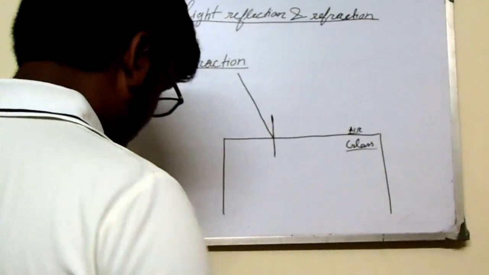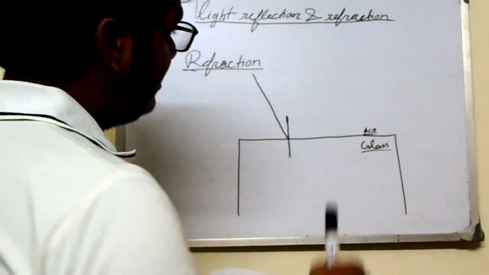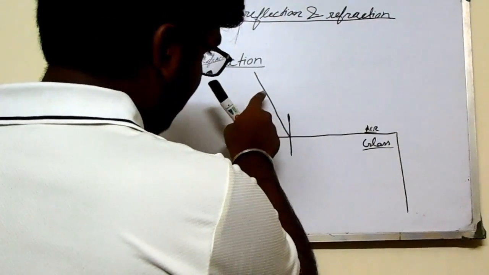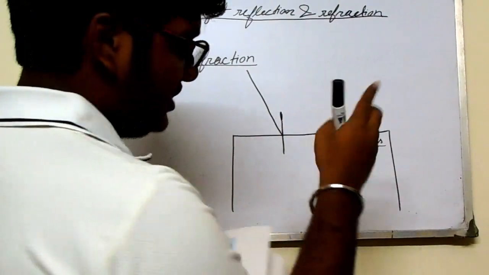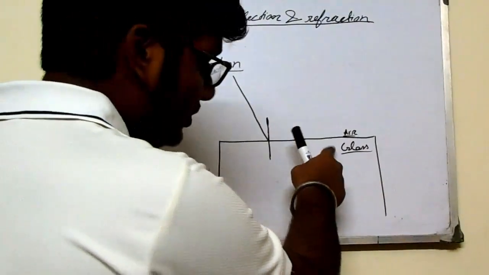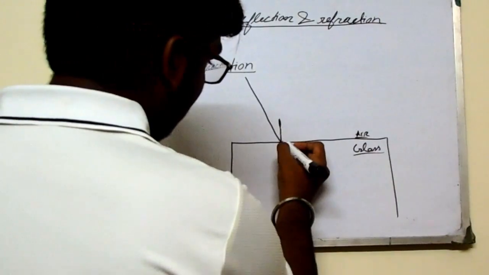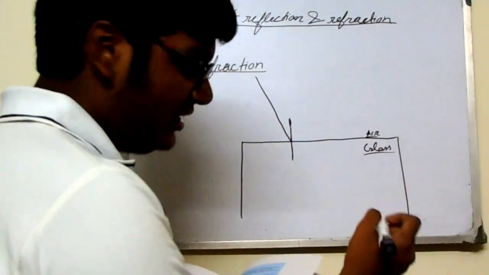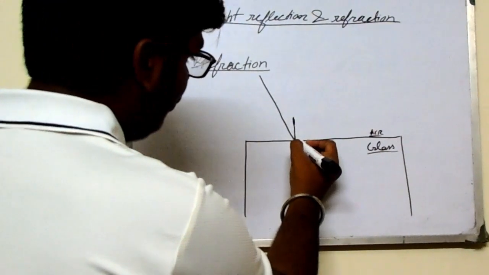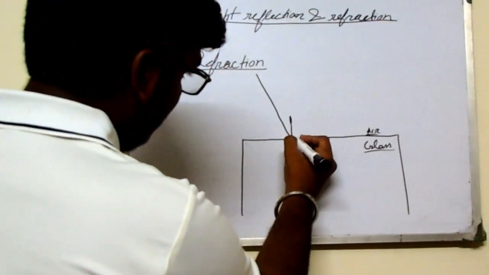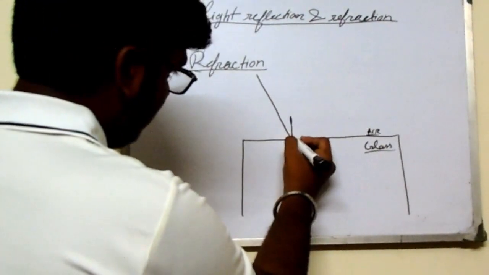The incident ray is falling on it, and as the ray of light is changing its medium from rarer to denser, the refracted ray will move towards the normal. What if it goes straight?